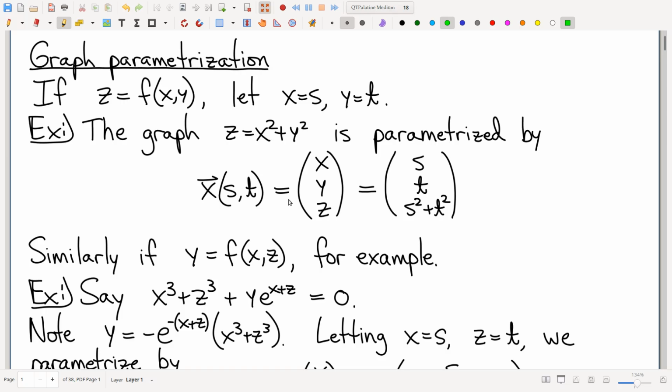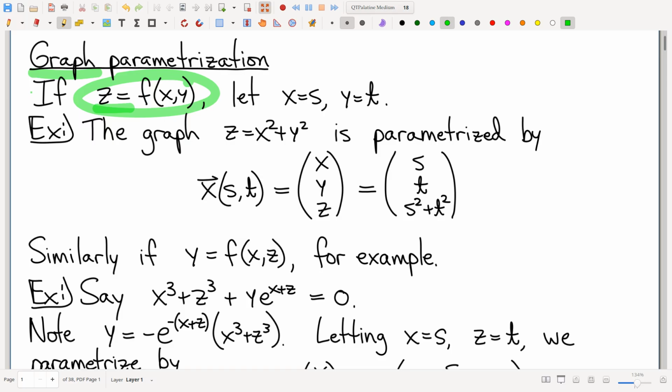So again, tools for your toolbox. Again, my favorite one is what I'll start with, and again, it starts with the graph parameterization. The graph parameterization for surfaces is very, very similar to the graph parameterization for curves.